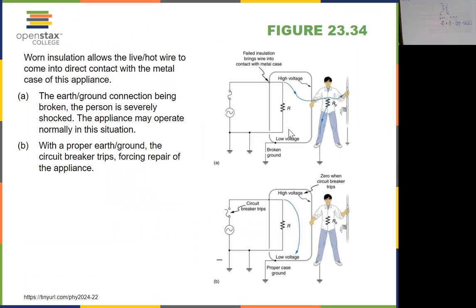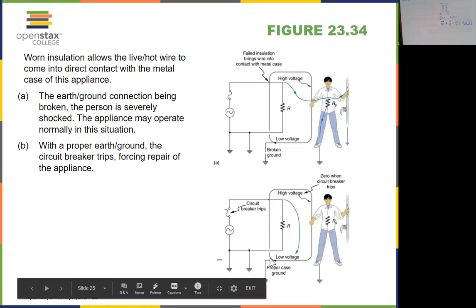In case you accidentally touch the outside case of it, if it's not grounded, the high voltage might go through your body. But if the case of the appliance is grounded, the current will go through the wire.